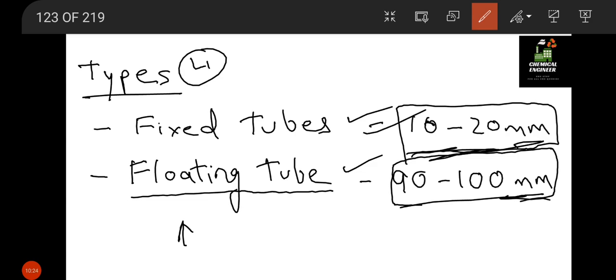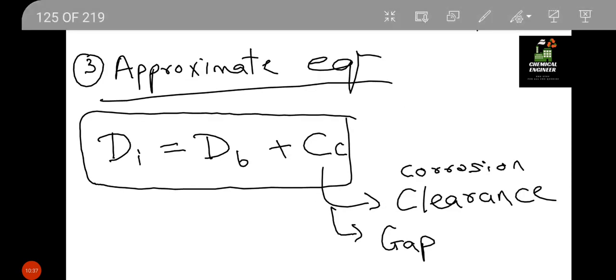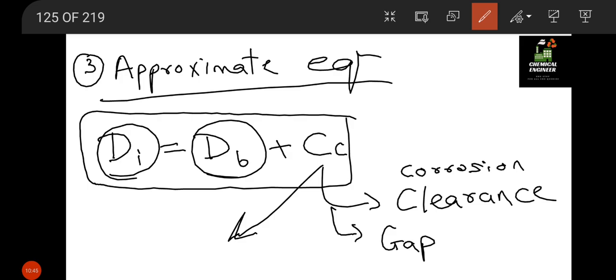If you have a fixed tube, it will be 10 to 20 mm. For the floating tube, it will be 90 to 100 mm. How did we get this? You may directly answer it: the inner diameter of the shell minus the bundle diameter will give you the clearance.